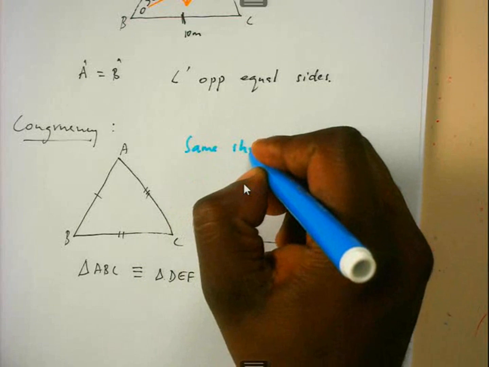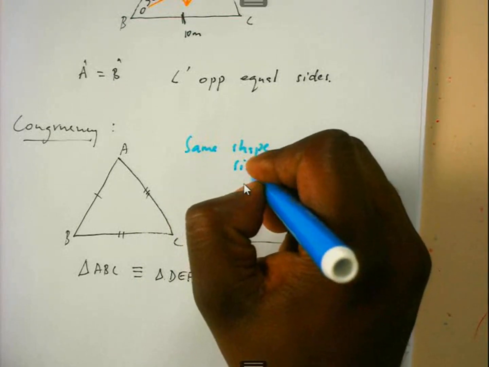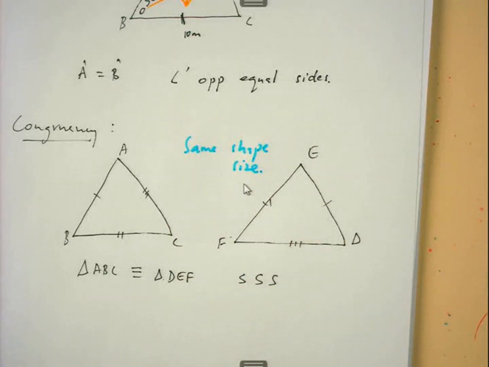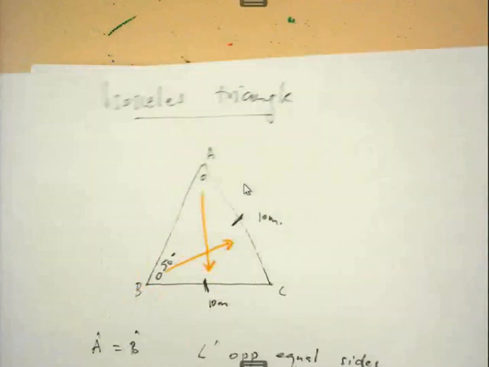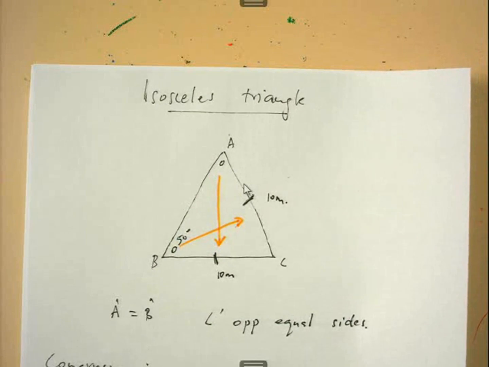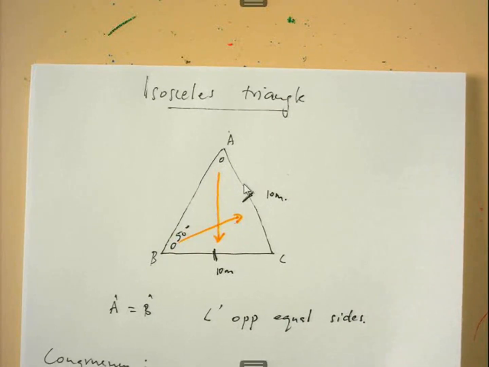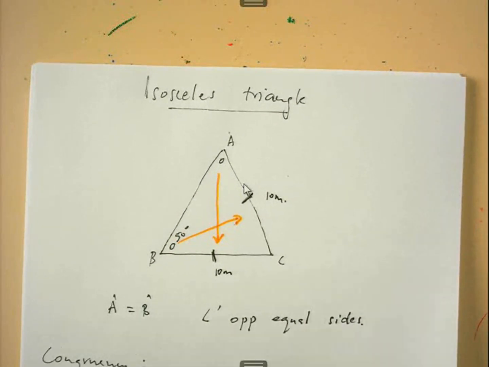They can fit exactly one on top of the other, like these two pages here. If I put this page here, and I can fit this other page exactly on top of the other one, then we say those two pages are congruent to each other.